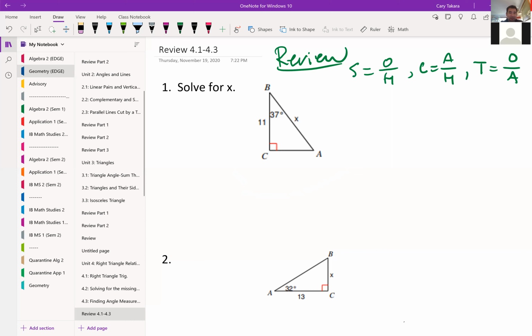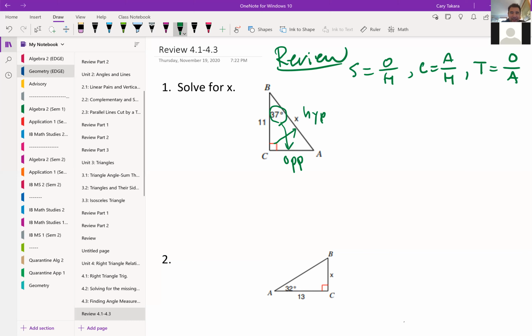So let's label. So the focus angle is right here. And the opposite is this one because it's opposite of the focus angle. Hypotenuse. Okay, now, so let's work on number one, okay?